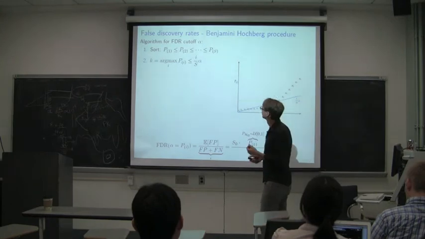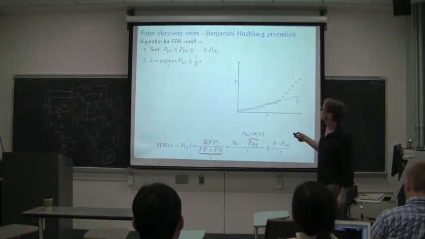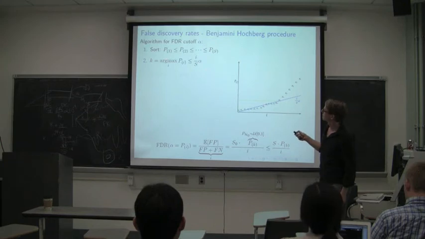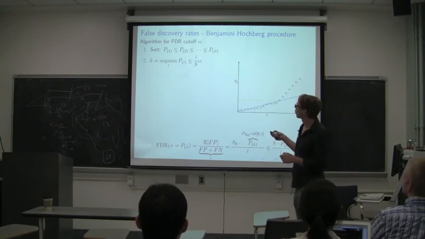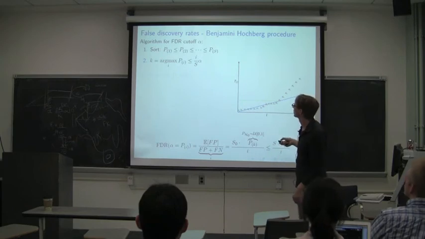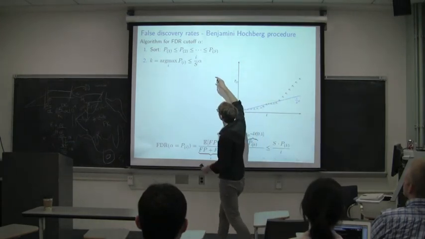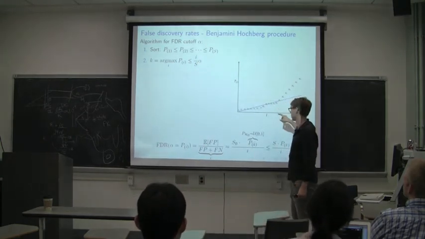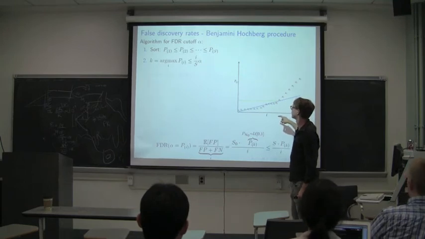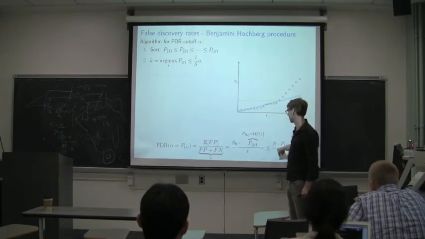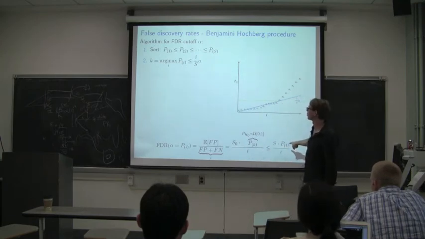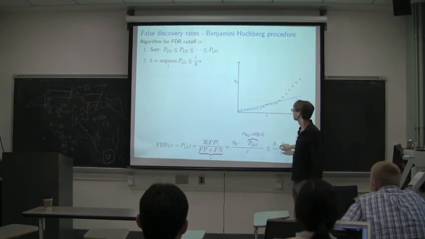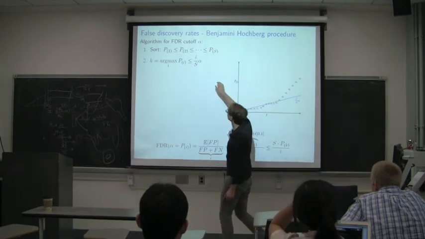Now we maximize over i, trying different i's from small to large, such that the index over S, our estimate of 1 over the number of false positives, times alpha is smaller than the p-value.